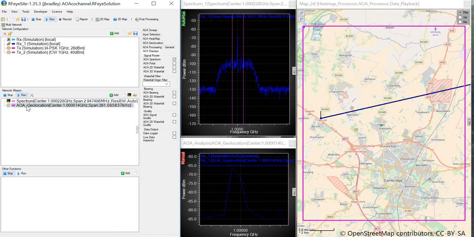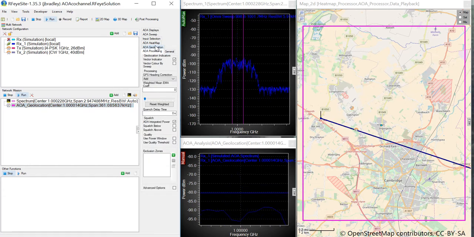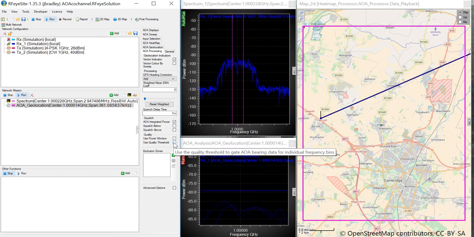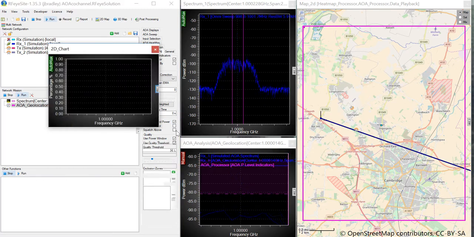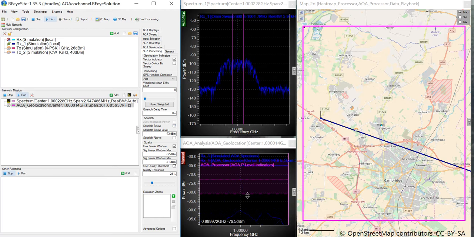The solution from CRFS is we've worked on our AoA processing, the angle of arrival processor that we use. And what we can do is we can start to add things like, I'll just add a couple here, and a squelch. So what we can start to do now, we'll draw your attention to this window at the bottom. What we're starting to do now is put some thresholds into place. And what we're saying here is we have a squelch below.